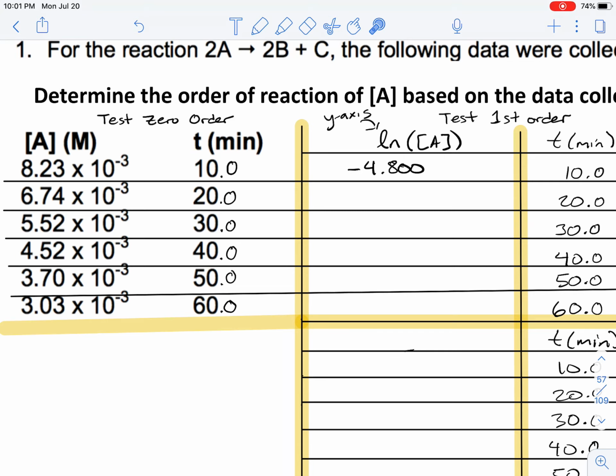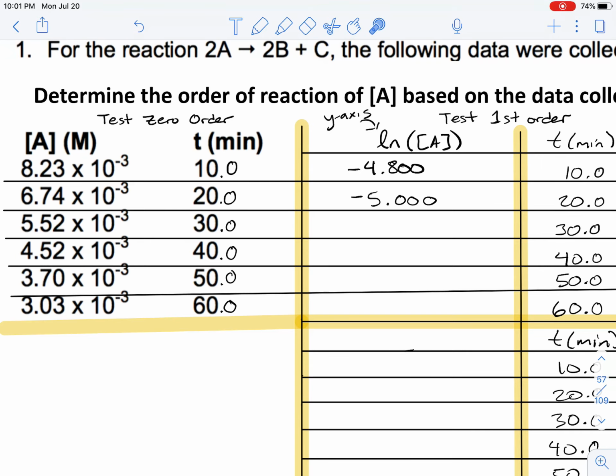And so once again, I'm going to apply that same pattern for the second point. So if I take the natural log of 6.74 times 10 to the negative 3 and put that in my calculator, I'm going to get negative 5.00. Okay.